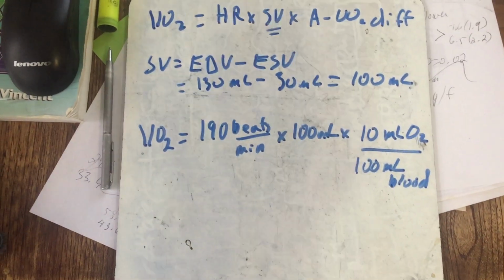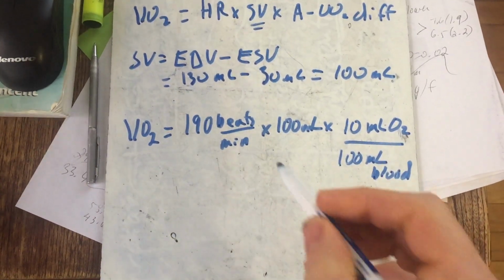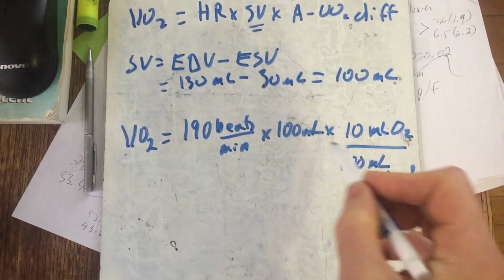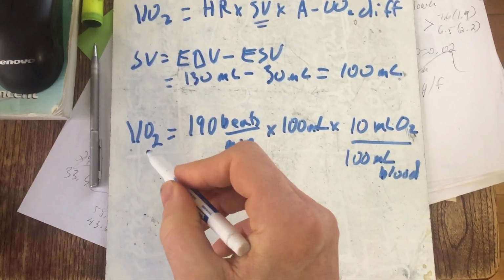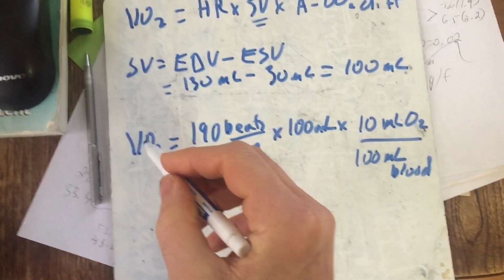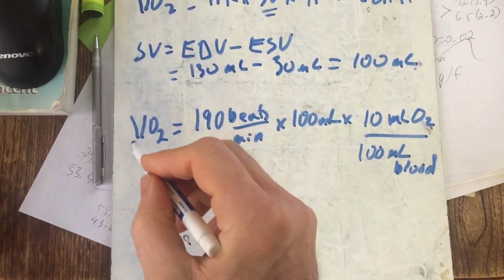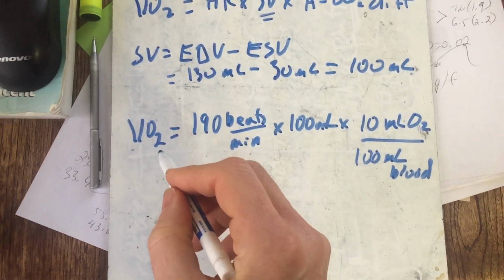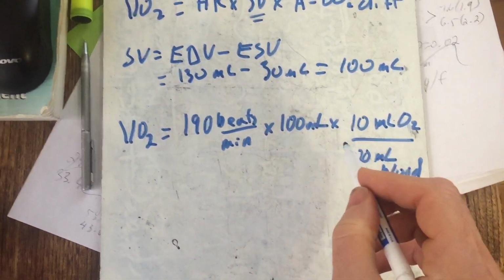So now with this equation, you'll know you set up the equation properly if you end up with the required units for VO2. So you know your VO2 is going to be a volume per minute. So that's what we want when we solve this equation.